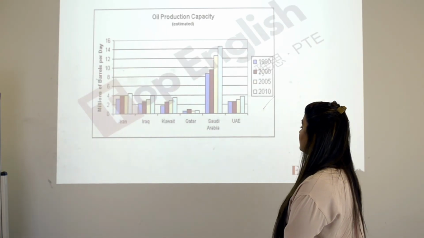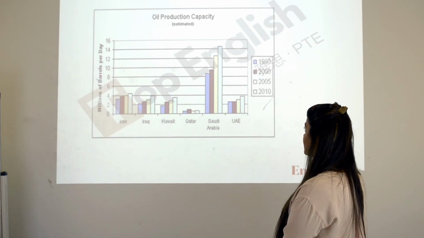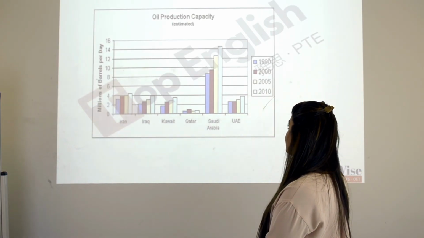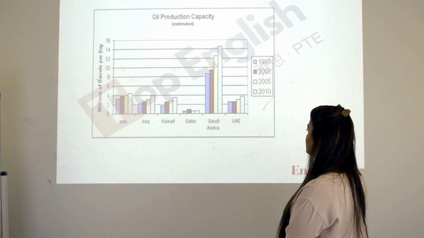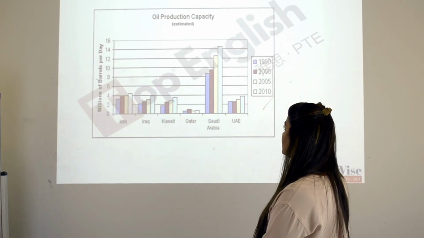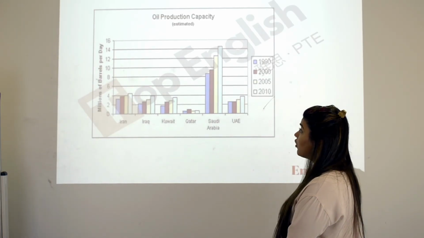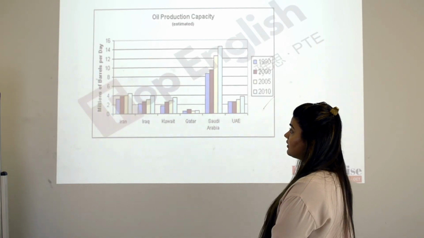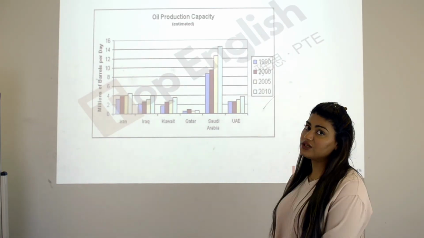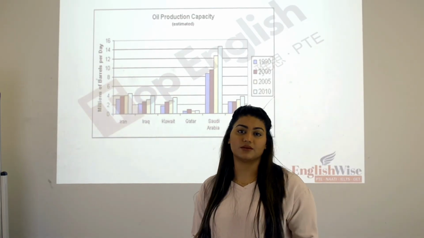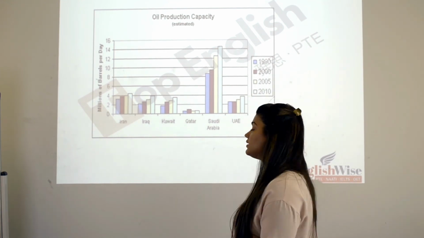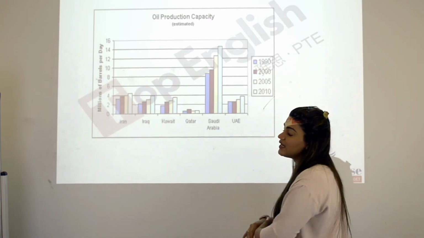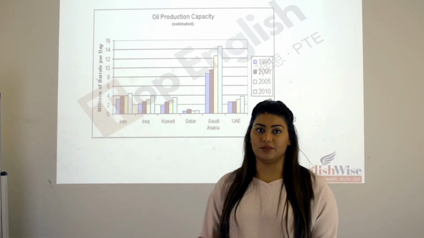I can also see different colors such as purple representing 1990, red representing 2000, yellow representing 2005, blue representing 2010. I can also see Saudi Arabia is the highest with more than 14 millions of barrels per day. Overall, the picture gives a lot of information. That's it. You're not going to go too much in detail, guys. You're just going to read out the categories that are mentioned on the image.